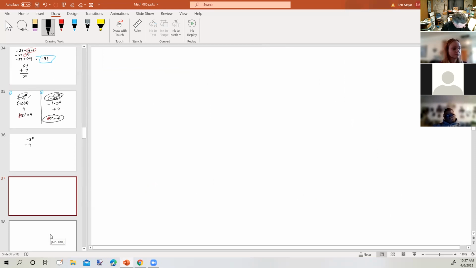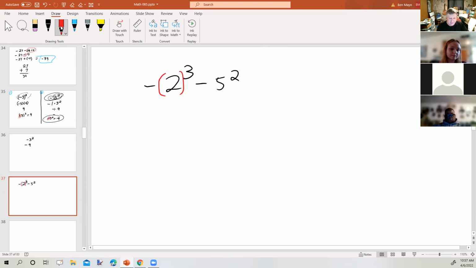Okay, let's see here. How about this one? -2 cubed minus 5 squared. So the first exponent, the negative sign is not included. It's kind of like as if it were written like that. But we don't bother to put the parentheses there, but it's implied. In other words, the negative sign is not part of the base. So this is -1 times 2 times 2 times 2. Well, 2 times 2 is 4 times 2 is 8.